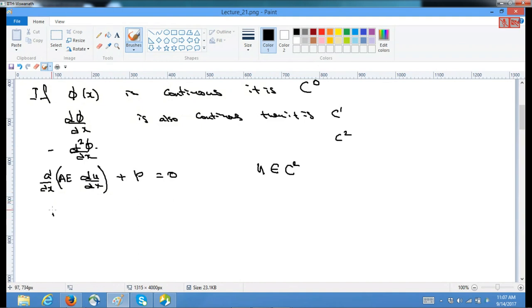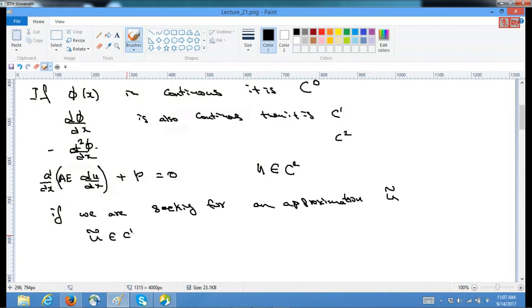But if we use an approximation u tilde, we just showed that we can still get a solution when u tilde just belongs to C1. That was our thing in the one dimensional stuff.